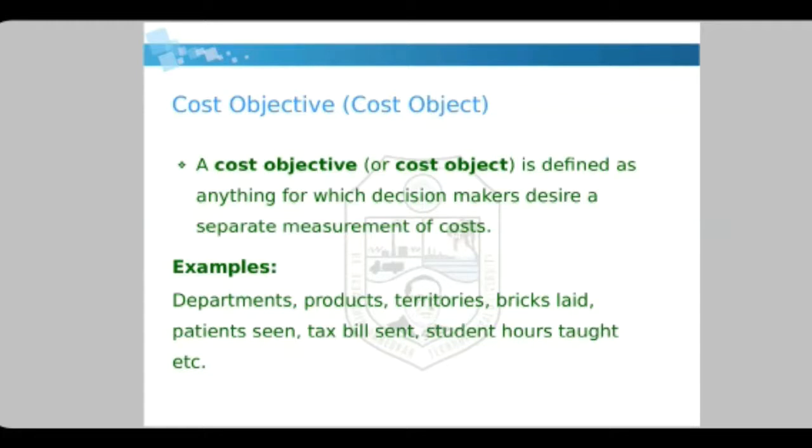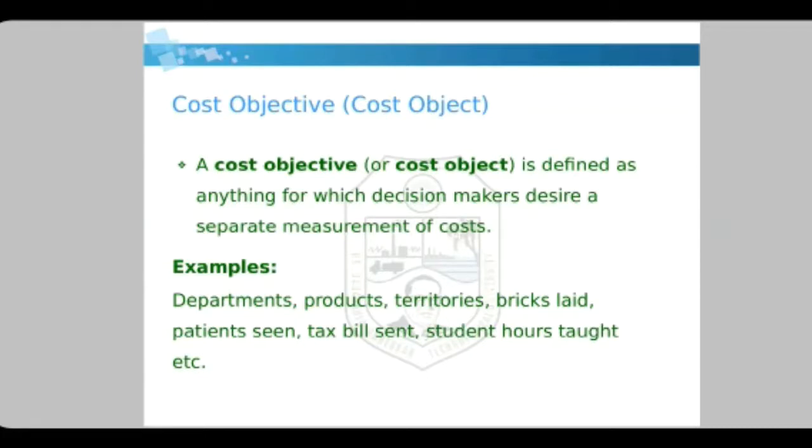Depending on their payment, the cost of the computer department will get calculated. So in this case, decision makers want to calculate the separate cost of each department, right? Instead of calculating the overall university cost, they want to calculate the cost of each and every department.